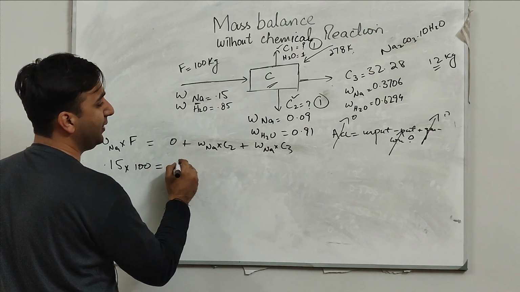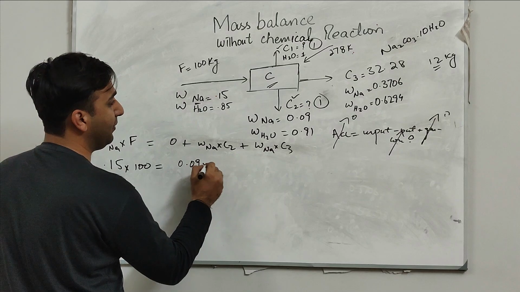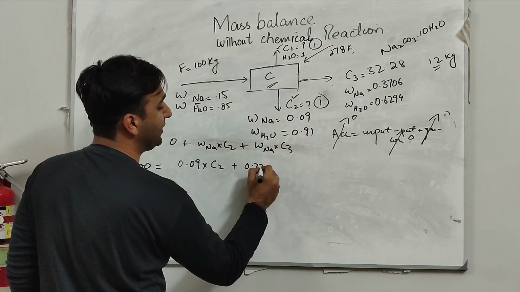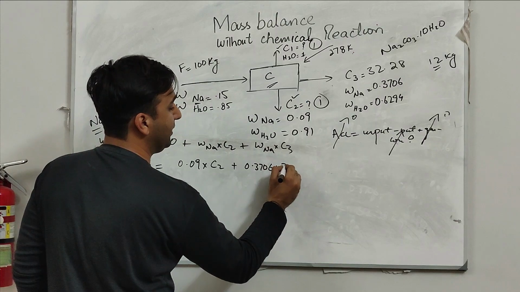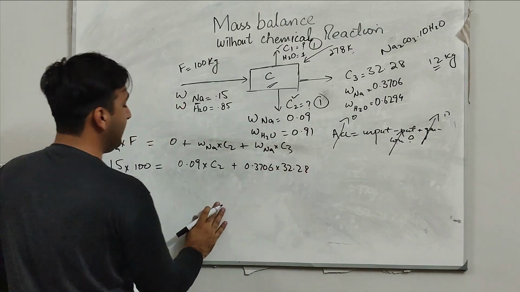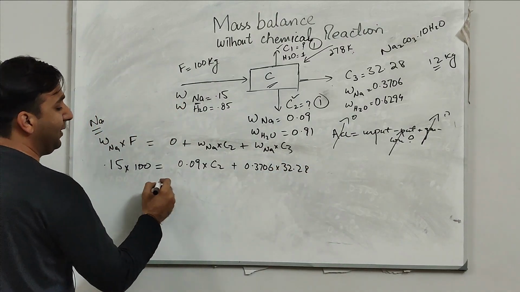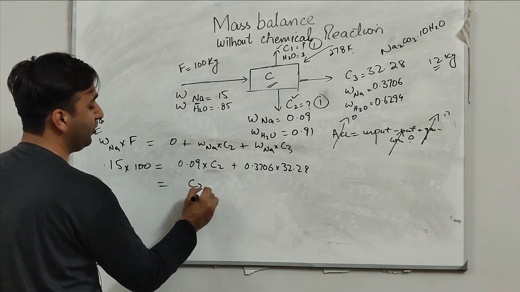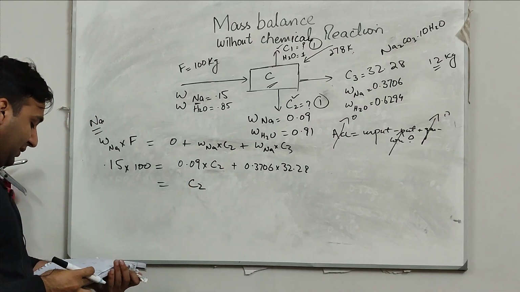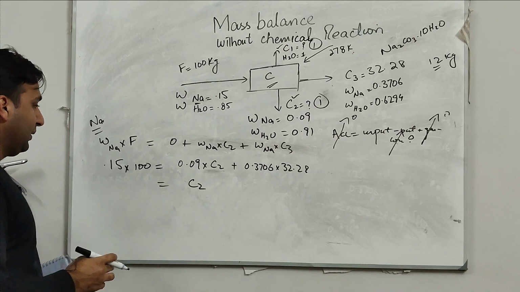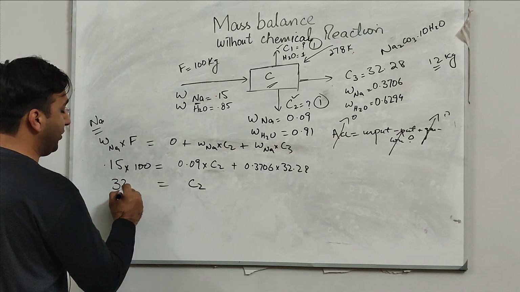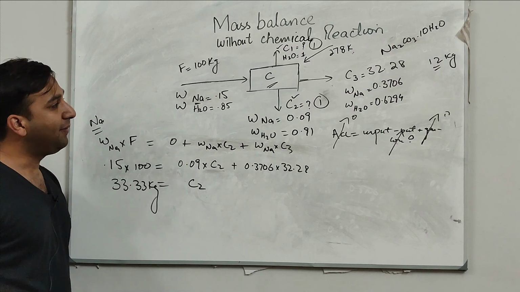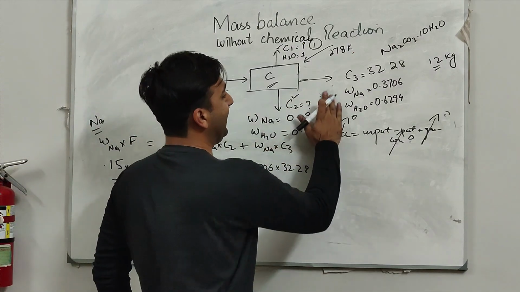Here it will be 0.09 multiplied by C2 plus 0.3706 multiplied by 32.28. So now you can see that only one unknown is present, that is C2. So you can find the value of C2, and the value of C2 is 33.33 kgs.